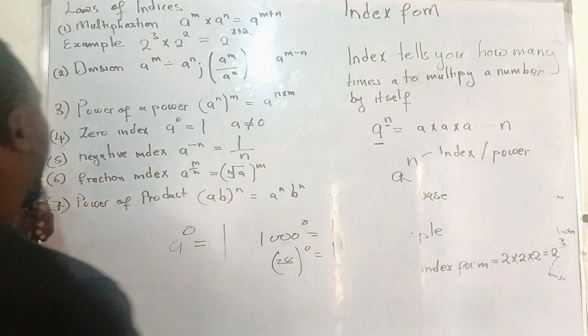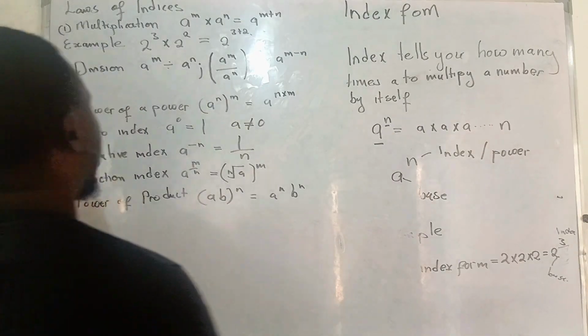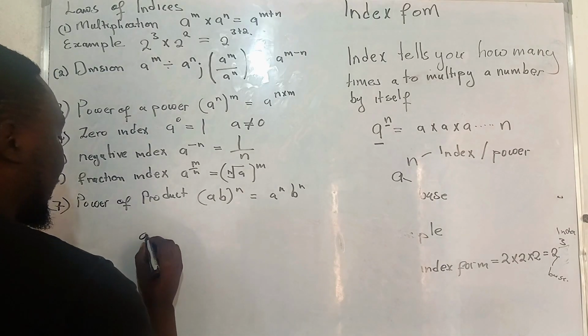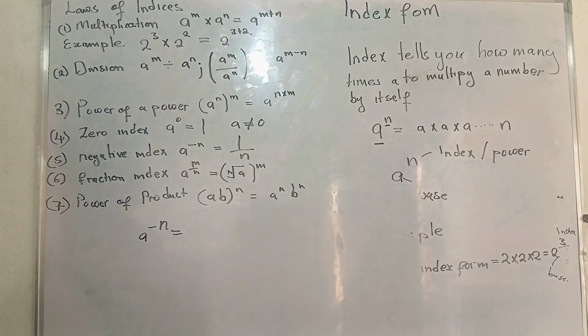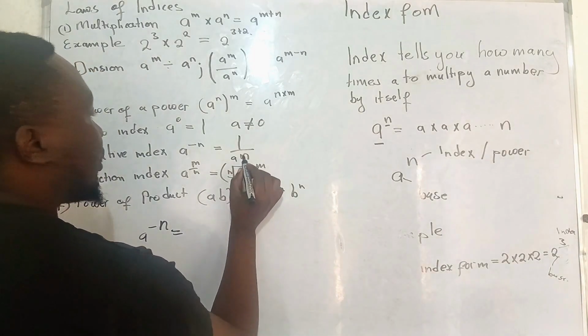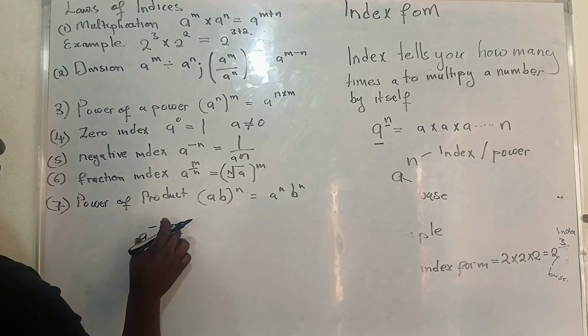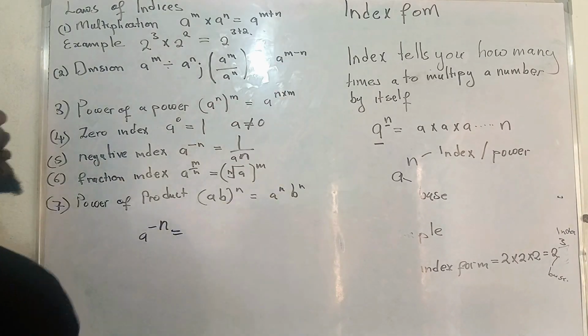So let's talk about the fifth law of index, which is the negative index. If you have an index like a to the power minus n, this is related to the division index.